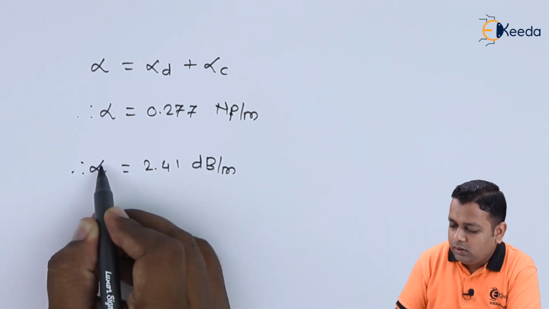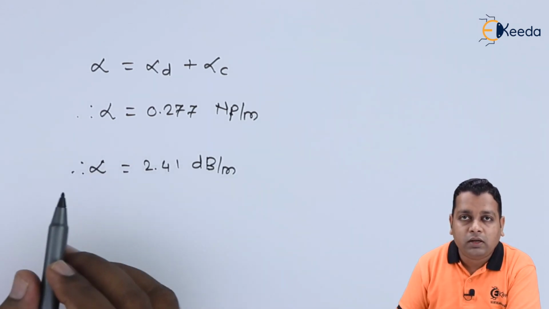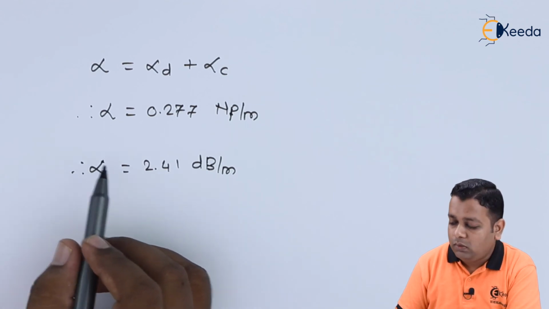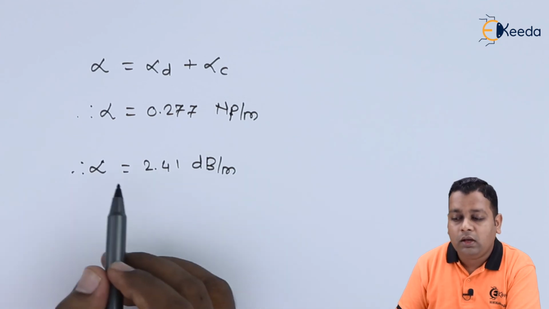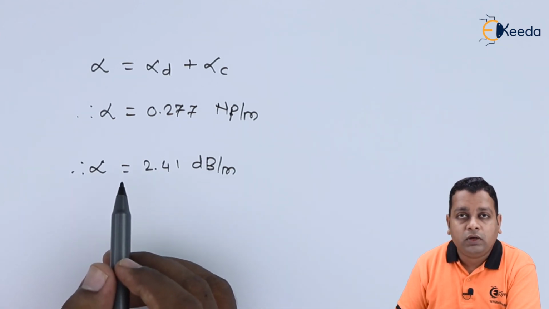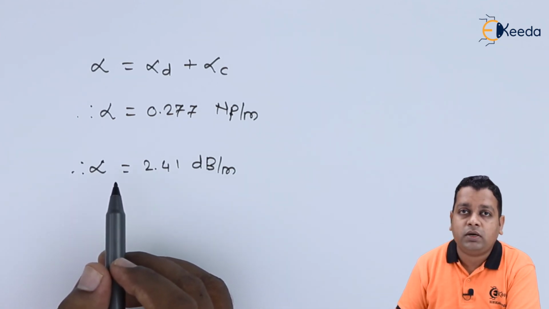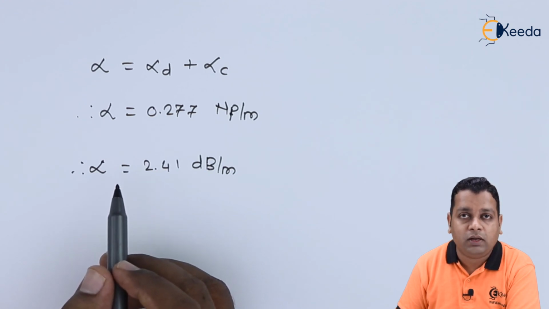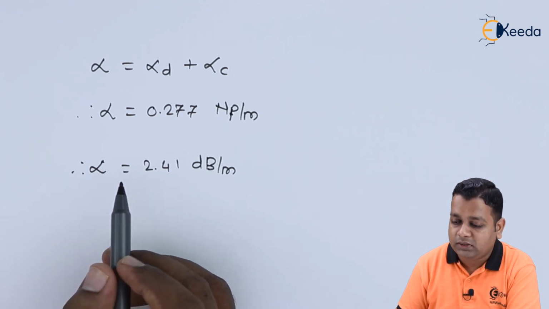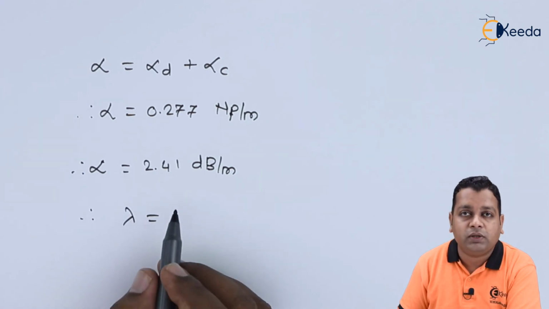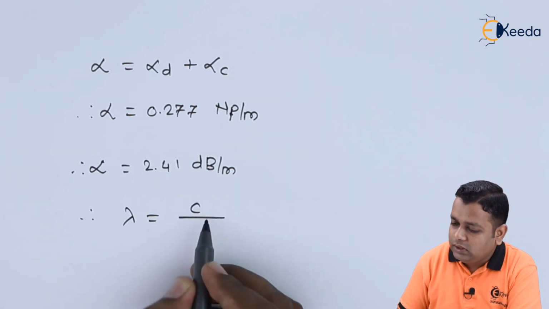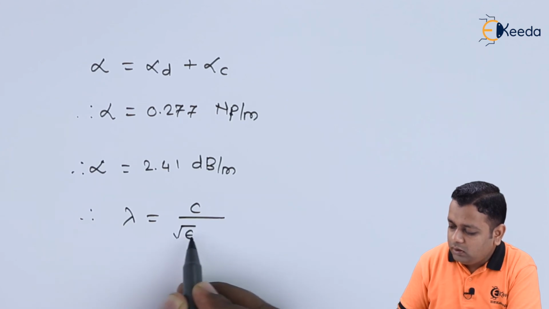Now we have obtained the total attenuation, but it is in decibels per meter, not decibels per wavelength. The wavelength is a measurement of length, so it is in meters, and it can be determined by the simple relationship c divided by square root of epsilon r into f.